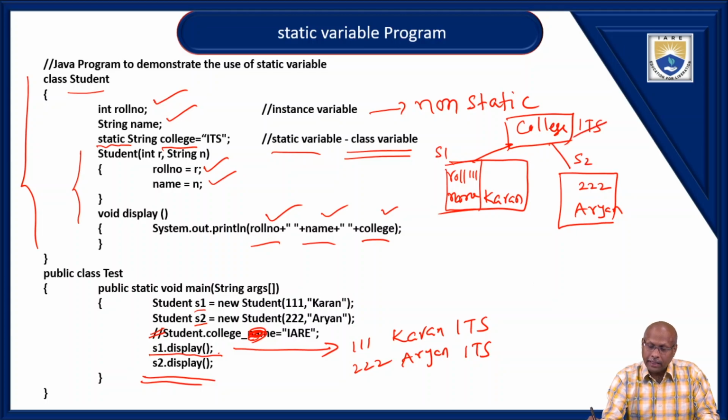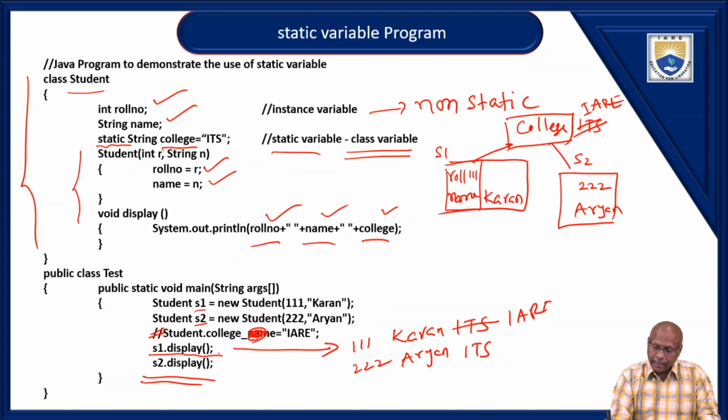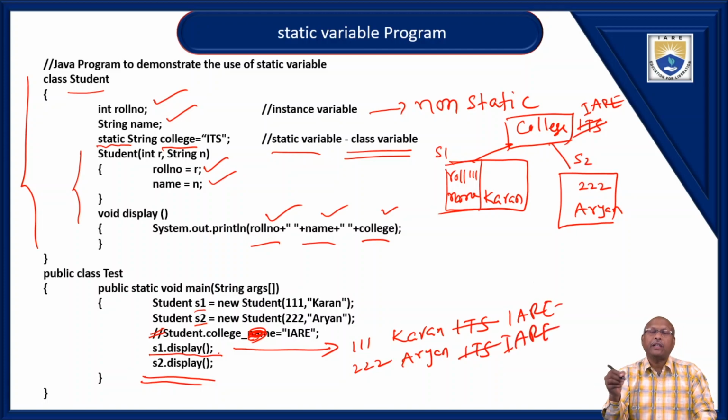Now I am changing it to IARE. Automatically it is reflected in all instances. So now when you display, instead of ITS, it will display IARE. Similarly, this also displays IARE. So this is the way it works. I hope it is clear.